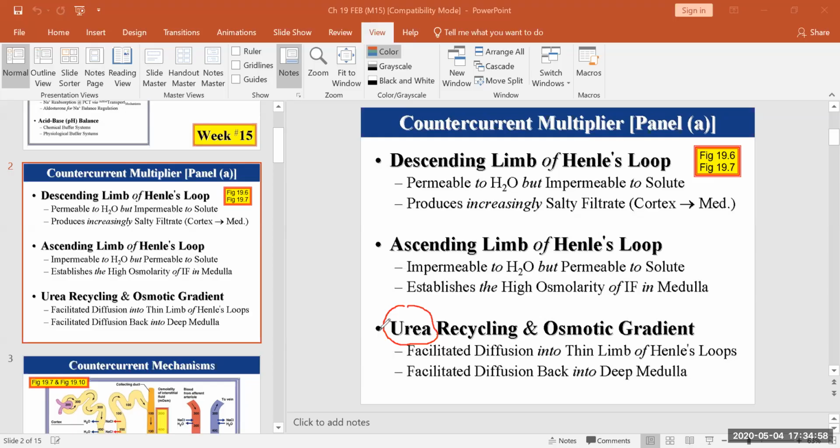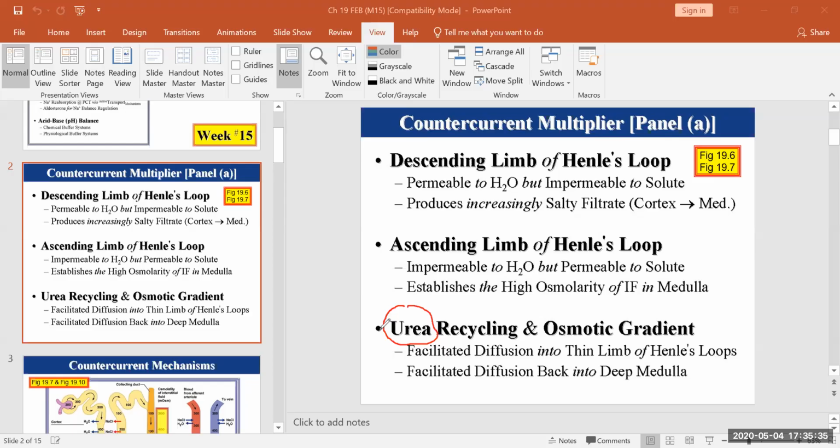In the renal medulla, there's another type, urea transporter type B, UTB, which will allow urea to move from the interstitial space in the renal medulla and get into the descending limb of the vasa recta, which is a blood capillary. So urea gets in there and goes up through the ascending limb, but when it ends up in the ascending limb of the vasa recta, it's not allowed to leave.